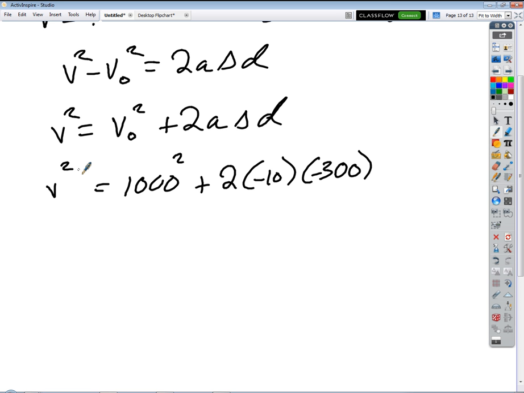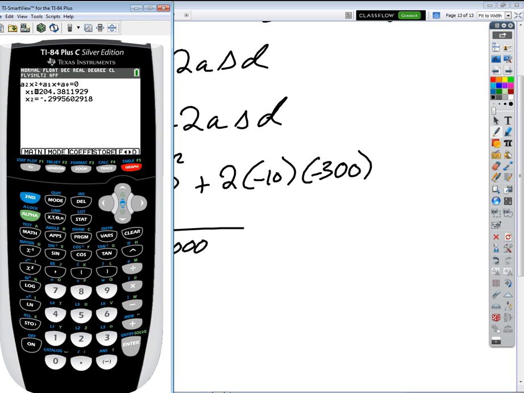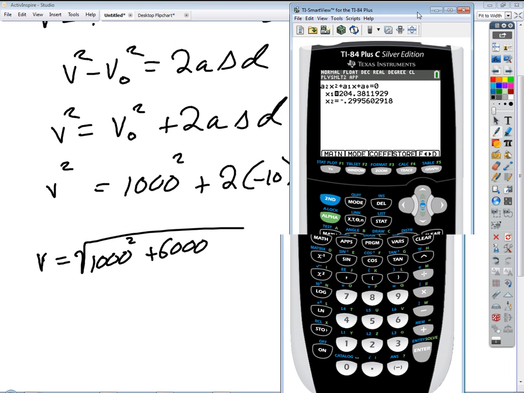How do I undo a square, in other words? Square rooted. Yeah, so v is just gonna be the square root of all that stuff. 1,000 squared, what's that gonna be? Minus 20 times negative 300, so 6,000, is that 6,000 plus 6,000? Okay, if I put that in my calculator, what do I get?